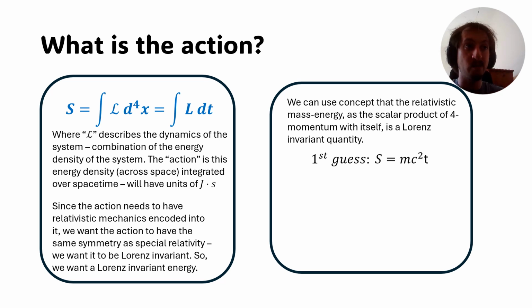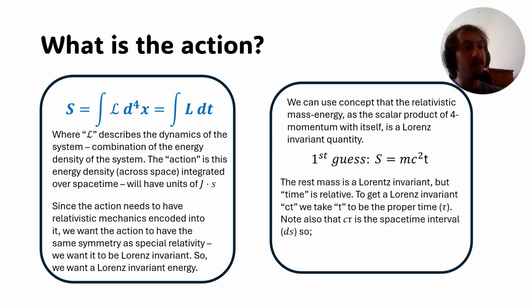The space-time interval is a Lorentz invariant because we get it from taking the scalar product of 4-position with itself. So another scalar product of 4-vectors, so the space-time interval and therefore proper time are both Lorentz invariant quantities. And so our action we can think of as mass times the speed of light times the integral of our space-time interval. Now I'm using the term integral to keep things general.